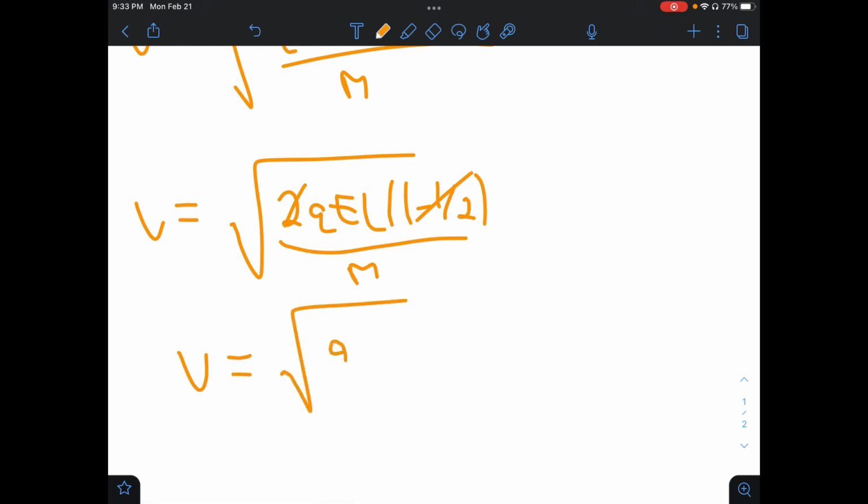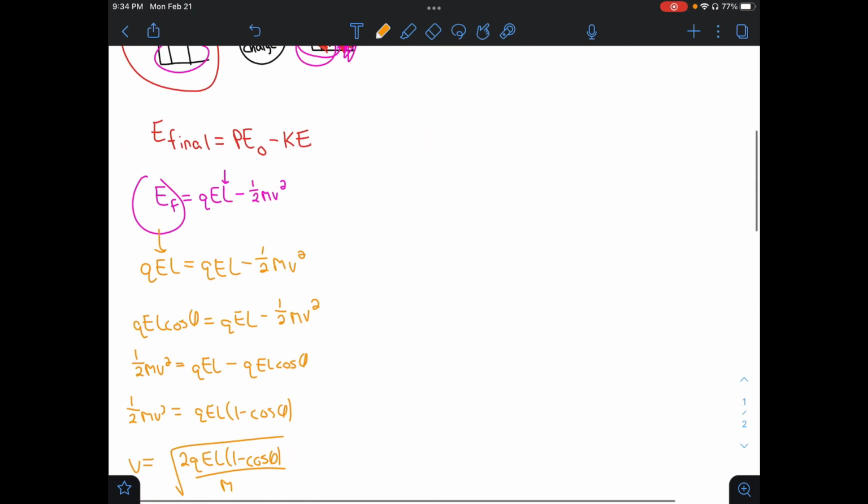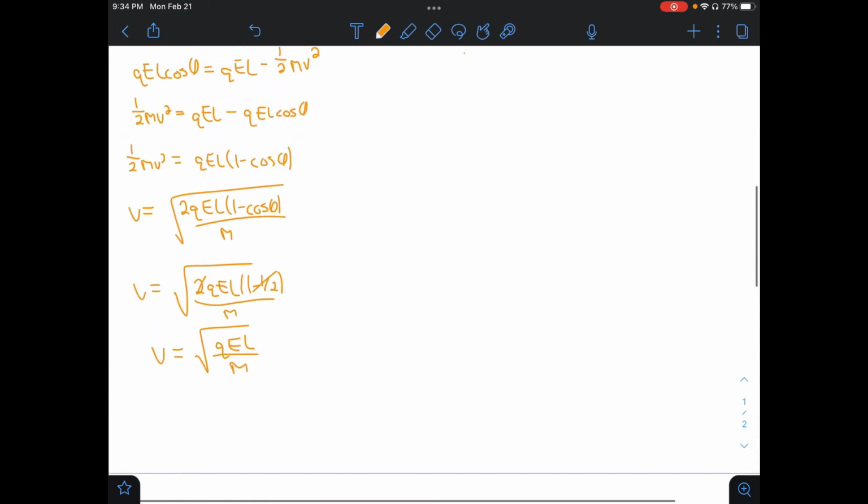So then it's just QEL over m, which is pretty interesting when you get down to it, that you can skip all this and go right to that. Like, the angle doesn't have an effect. Well, the only effect it had would be the 1 minus. So yeah, it does still have an effect, it just has to cancel out here.